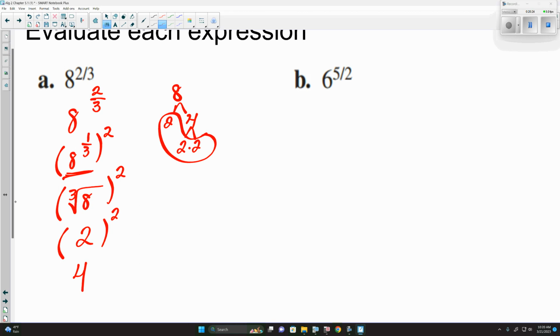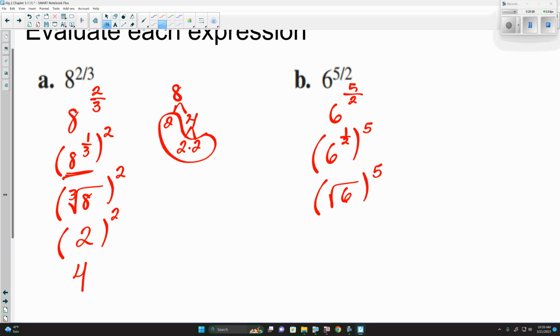Now 6 to the 5 halves. All right, guys. So we could say this is the same as 6 to the 1/2 to the 5th, because the 1/2 is our root. So we're saying we're taking the square root of 6 to the 5th power.